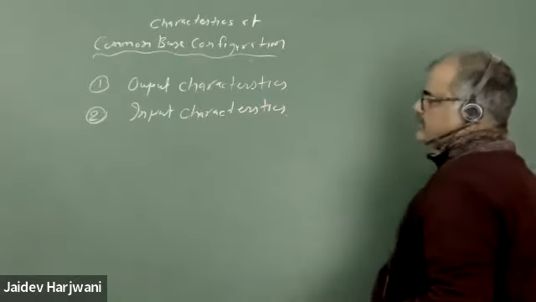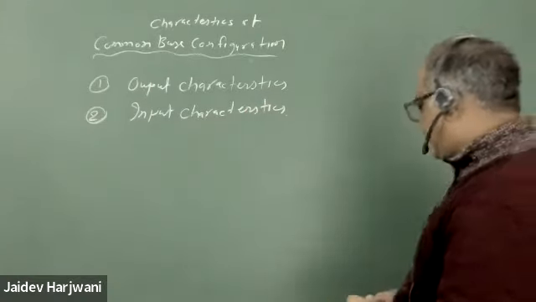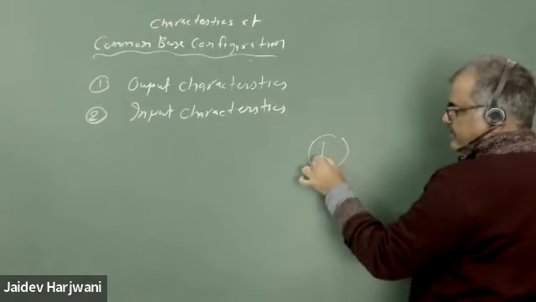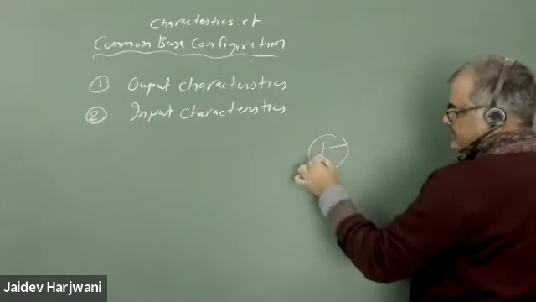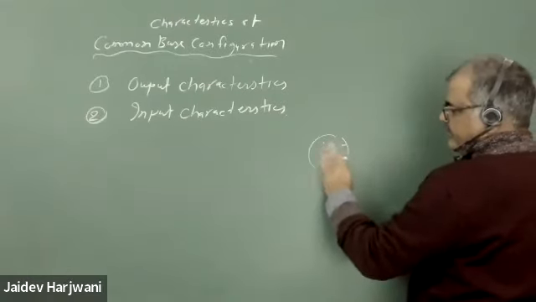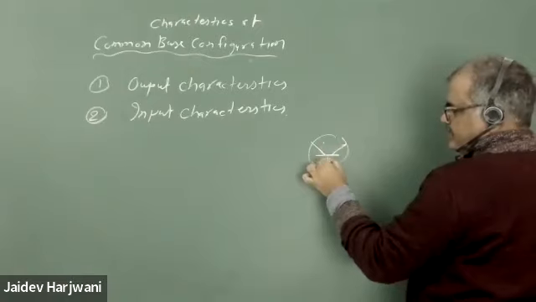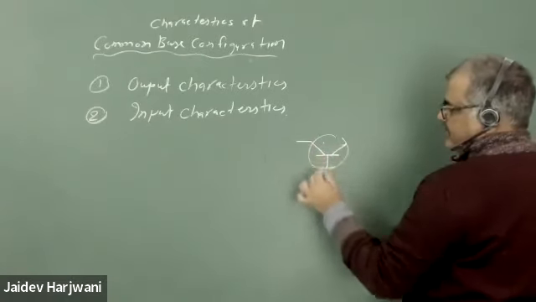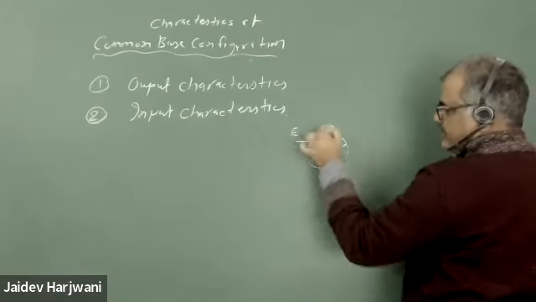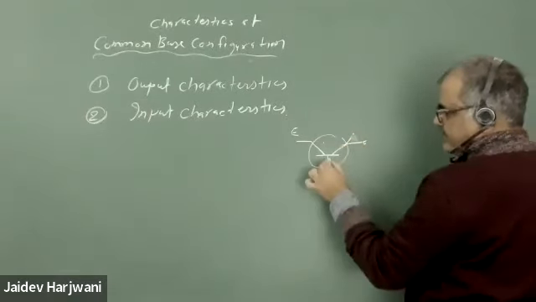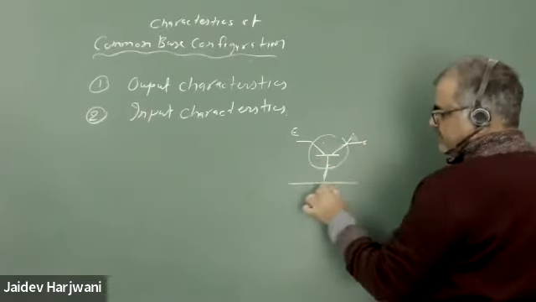So when I'm taking a transistor in common base configuration, say this is my ammeter, and say this is my collector, and this is my base, and I'm making the base ground.